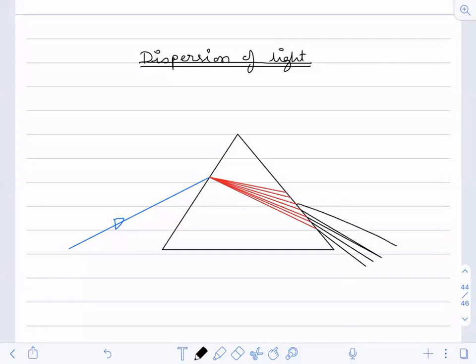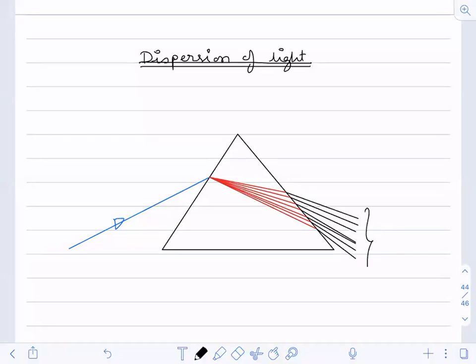Can you see that? So if I give you a prism and ask you to draw a dispersion pattern or a ray diagram for the prism, can you do that? Yes, I hope you all can do that. The light should bend towards the base.